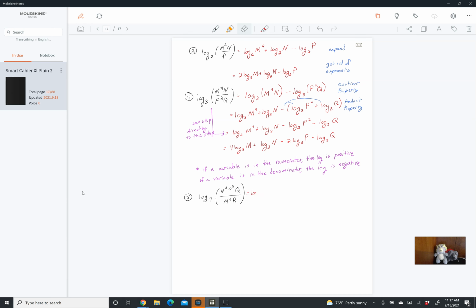So we have log base 7 n cubed plus log base 7 p squared plus log base 7 of q. Those were all in the numerator. Now we take care of the ones in the denominator. Those are negative because they're in the denominator. So minus log base 7 of m to the 4th, minus log base 7 of r.